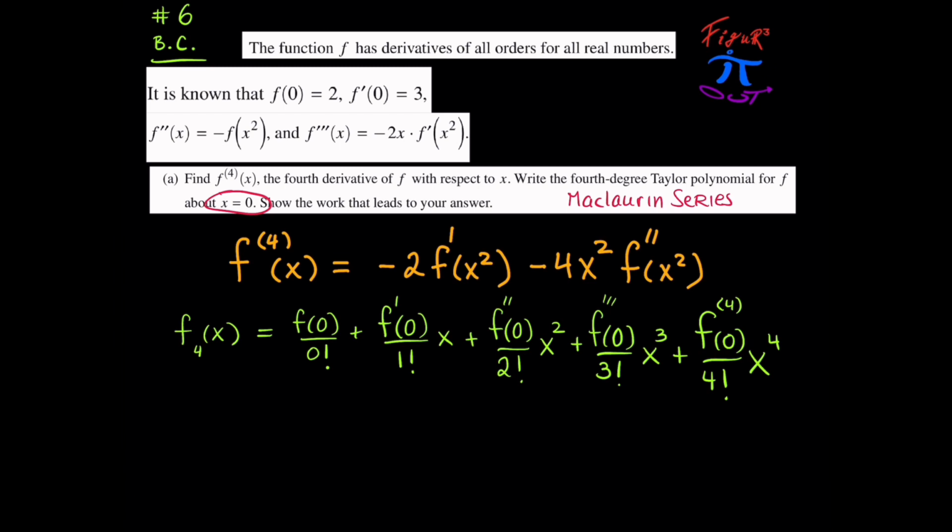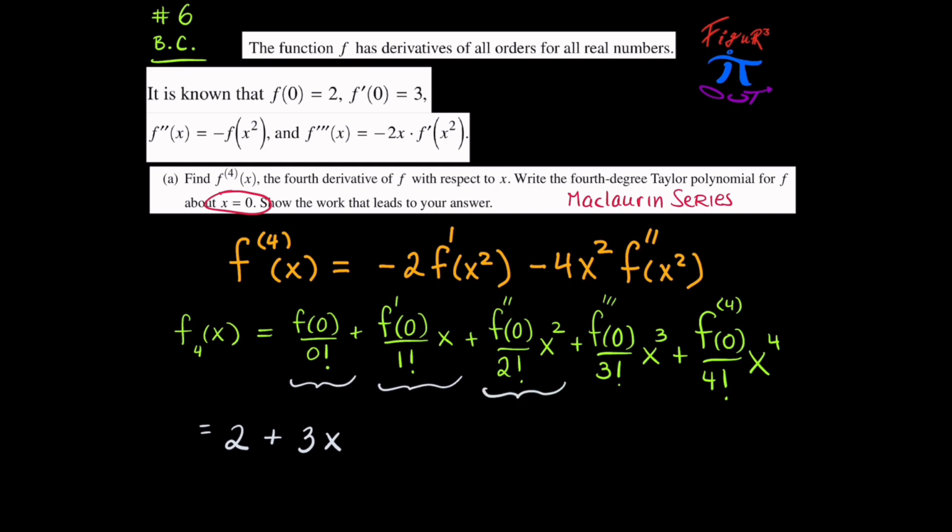Now in a Taylor expansion, the derivatives as well as those divisors of factorial numbers are going to give us our coefficients of our Taylor polynomial. That first piece will give us 2. F prime of 0 is equal to 3, so we'll get 3x here because 1 factorial is equal to 1.